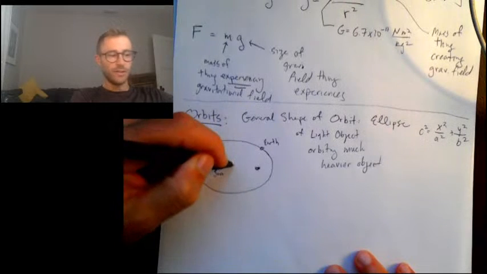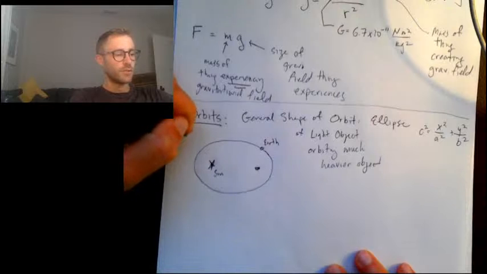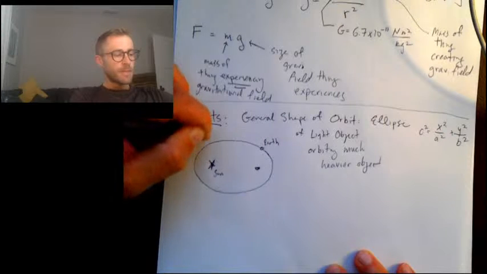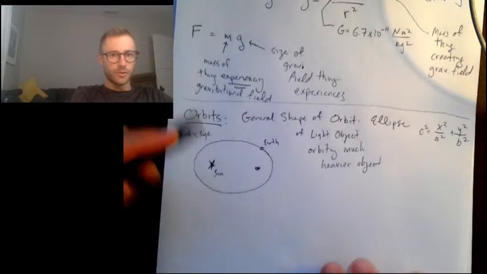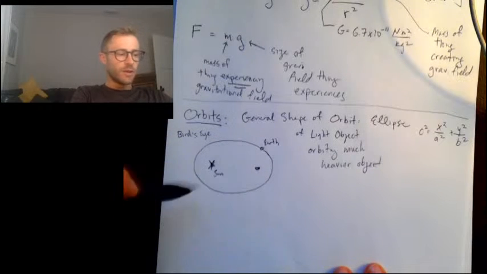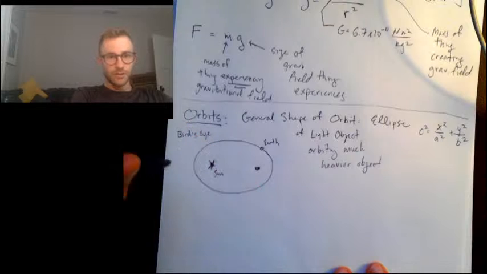It's not right here. It's actually at one of the foci of the ellipse. So this is a bird's eye view of the orbit. So from directly above the solar system, the Earth is going around. The sun is not at the center of the ellipse. It's actually at one of the foci.